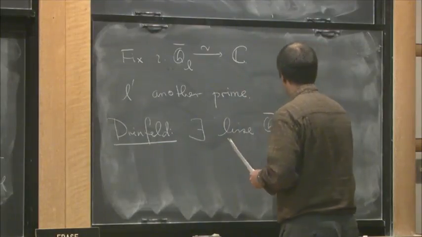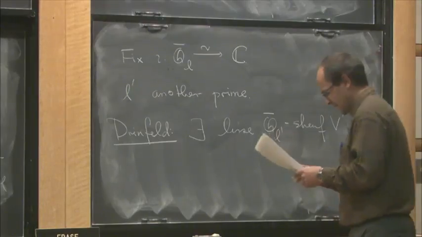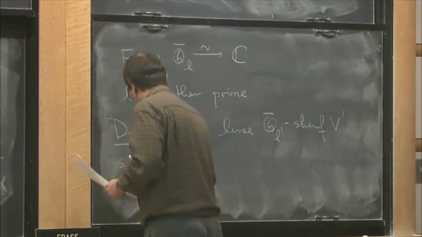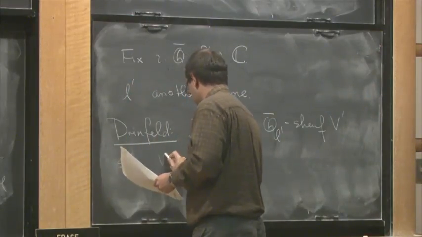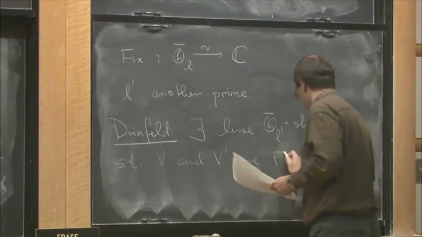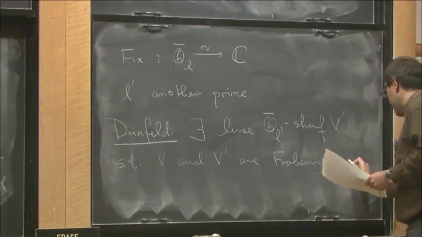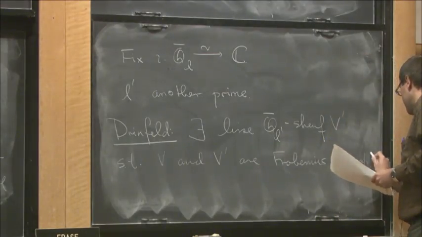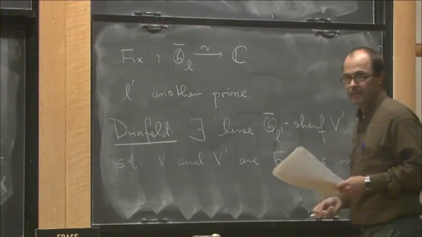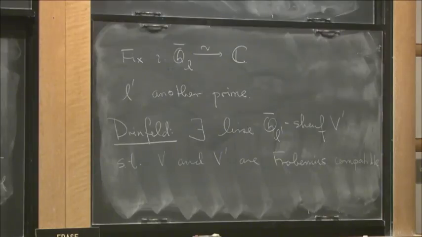least Q_ℓ-prime-bar sheaf V prime such that V and V prime are, I'll say, Frobenius compatible, meaning that if I look at a closed point and look at the characteristic polynomial for Frobenius, then those are the same.